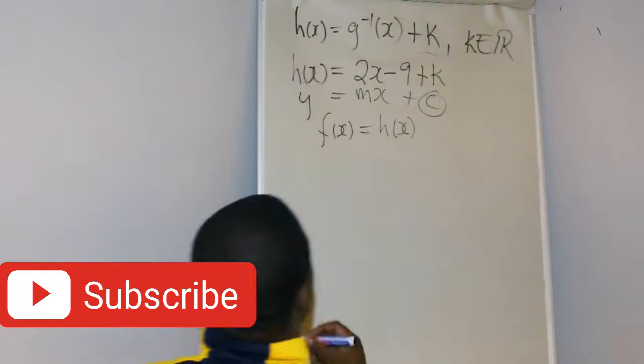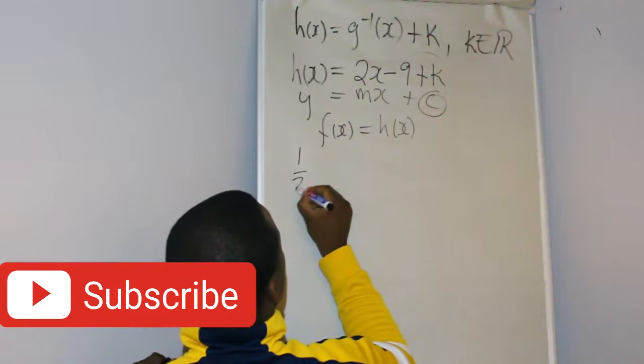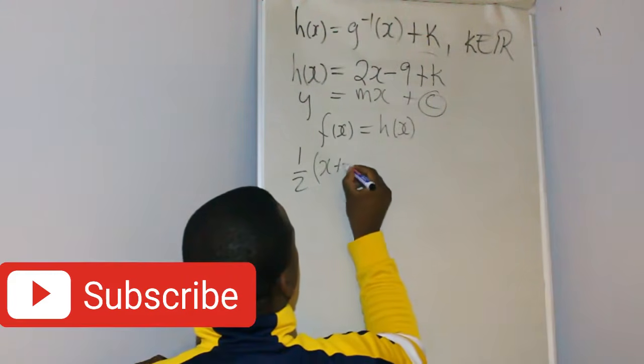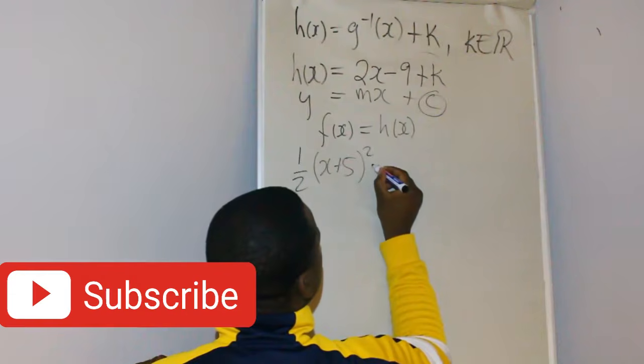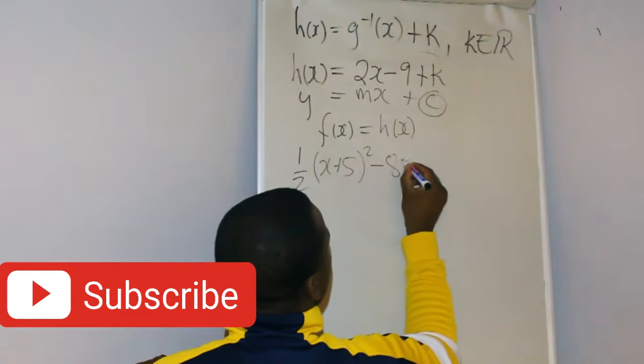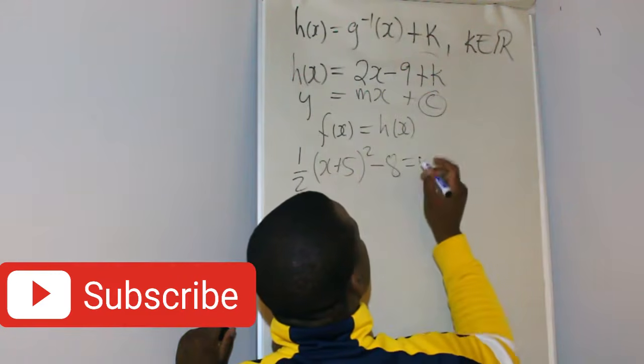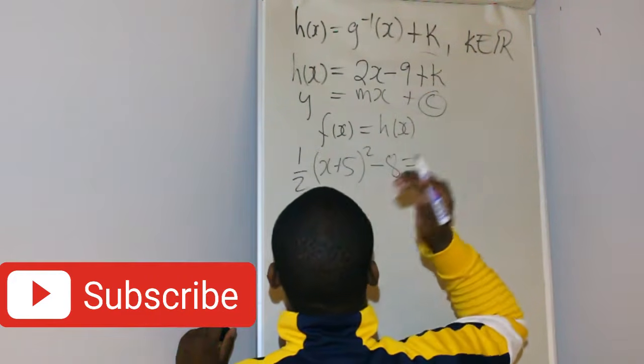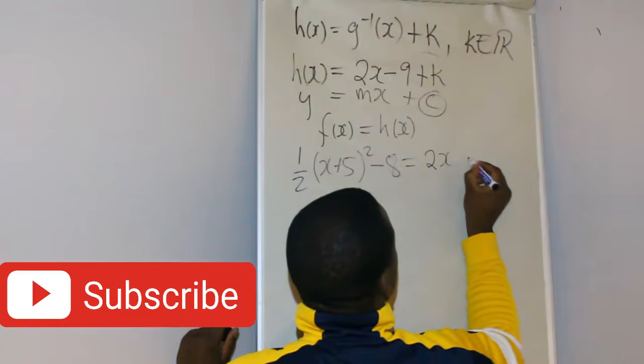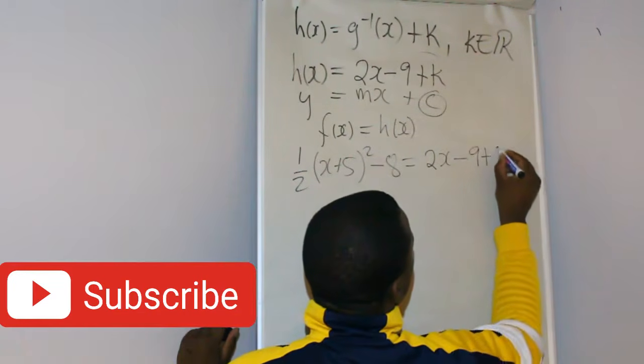We know our f of x is equal to 1 over 2 into x plus 5 all squared minus 8, and h of x is 2x minus 9 plus k.